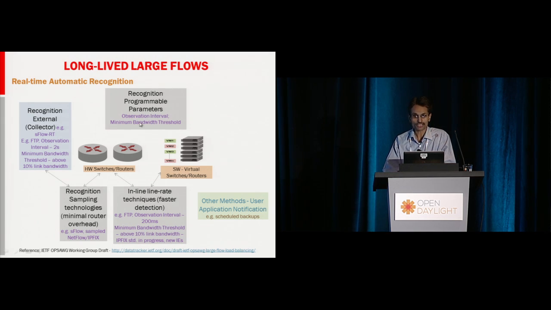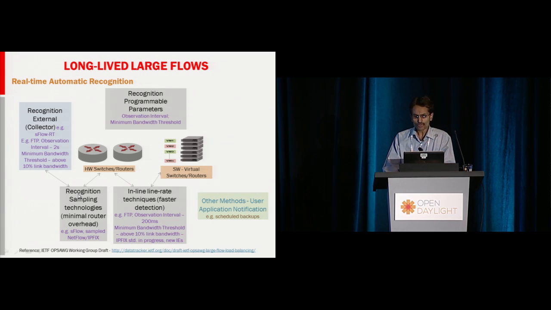The first one is the observation interval. This is the minimum amount of time you need to observe a flow before declaring it a long-lived flow. The next one is the minimum bandwidth threshold. That is the minimum bandwidth of a flow above which you declare the flow a large flow. So these constitute the definition of a long-lived large flow.